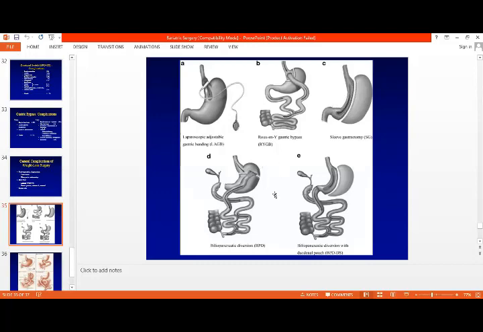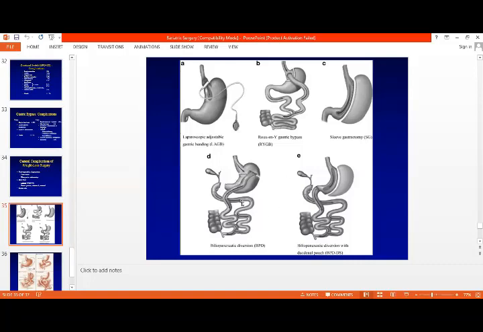And these are the biliopancreatic diversion, in which you make a new duodenum, this is called biliopancreatic diversion with duodenal switch. If you don't make a new duodenum and you join the terminal ileum to the stomach directly, not on the pylorus, it is biliopancreatic diversion. These are the different types of procedures.